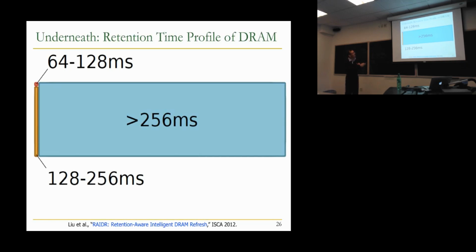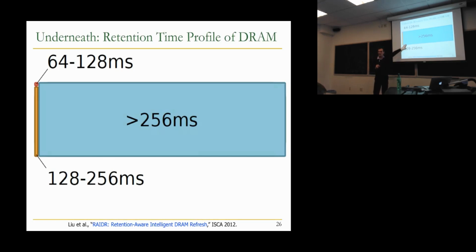There are some other memory rows that need to be refreshed every 128 milliseconds, 2x the period, or half the frequency, because they can retain data between 128 to 256 milliseconds. And overwhelmingly most memory rows can be refreshed every 256 milliseconds because they can retain data for much longer.